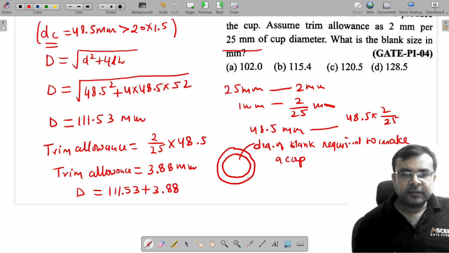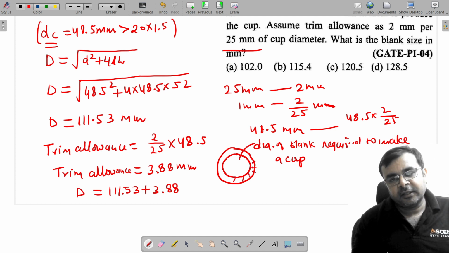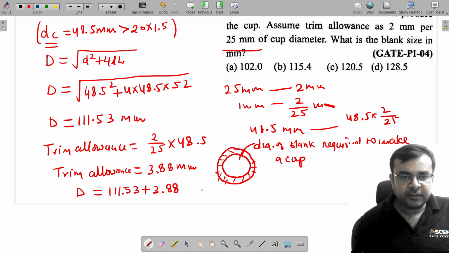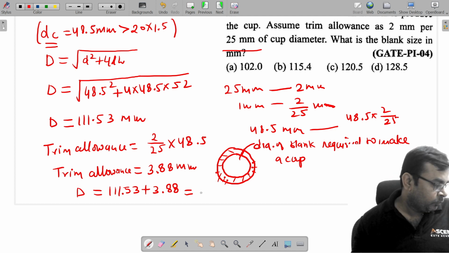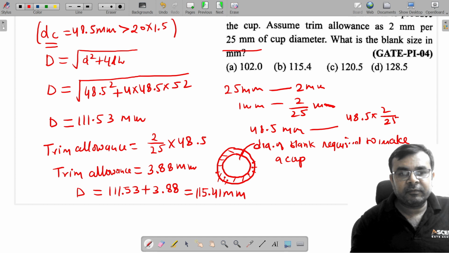But for getting the desired surface finish, we need to trim this material, so this much amount of material we need to add. Correct? So when you add this value, this becomes 115.41 mm. So the correct answer is option D.